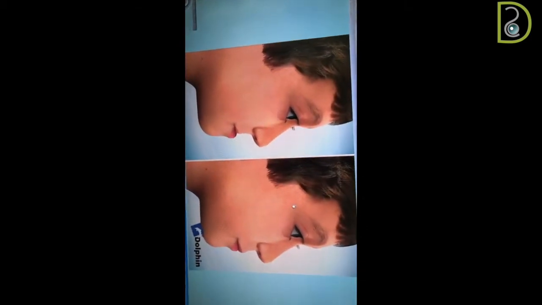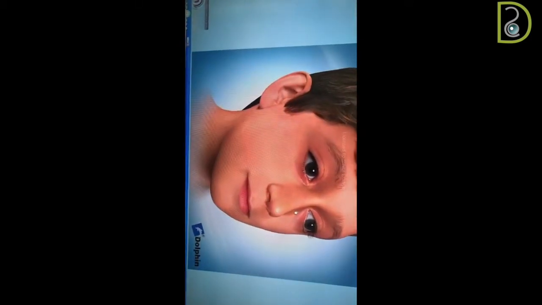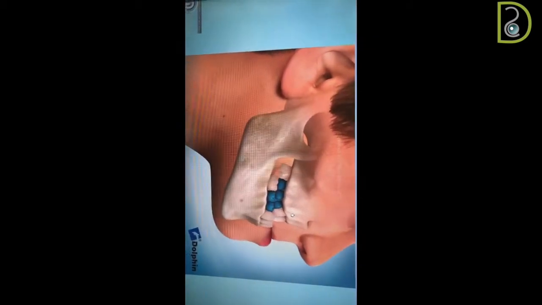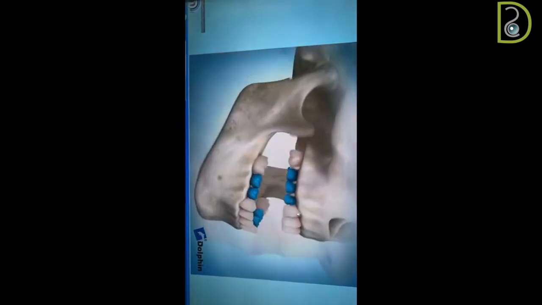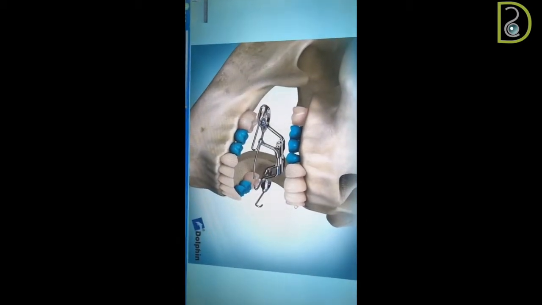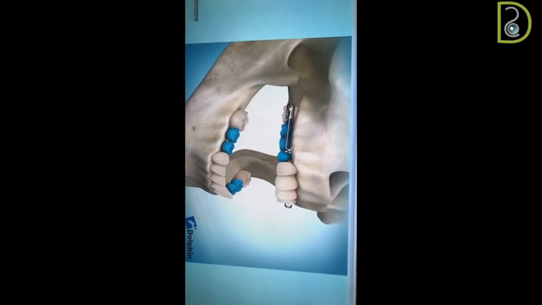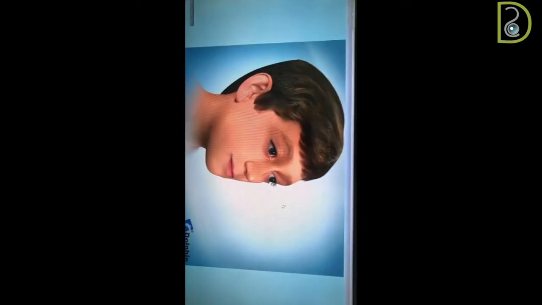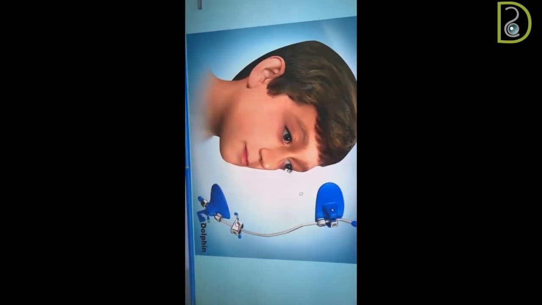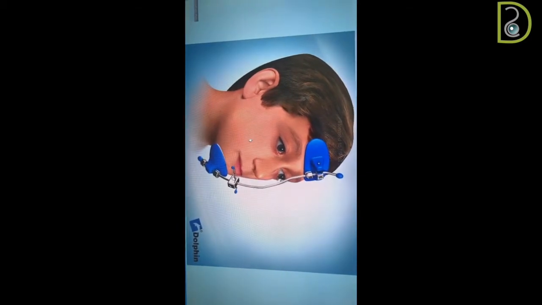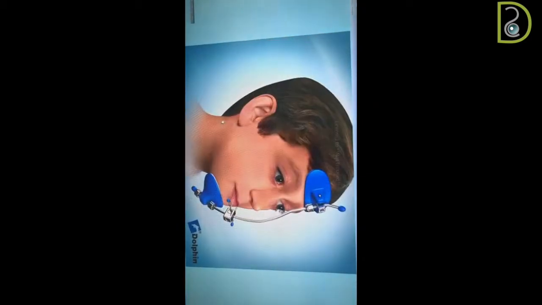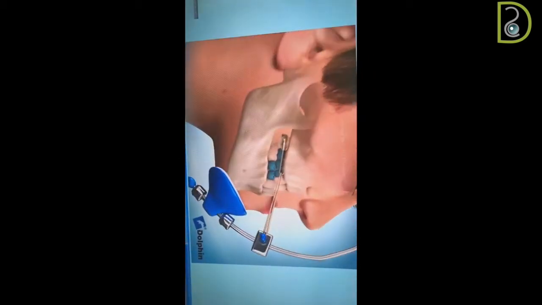Most of the time, we don't settle for a correction to class 1. No, we want the patient to finish into a class 2. This is overcorrection. If you finish the patient in class 2, then because sometimes after you remove the appliances the maxilla still has a deficient growth, the mandible will grow forward, and then the patient will again have a skeletal class 3.